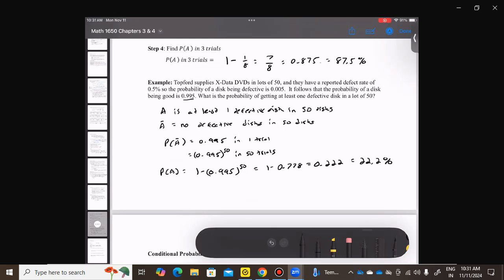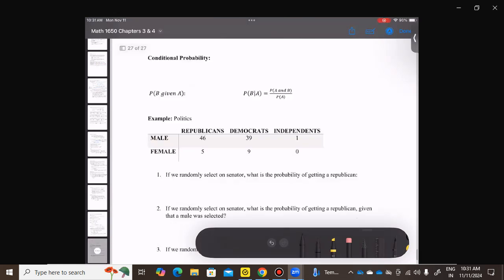Conditional probability. This is the probability of an event after additional information is obtained that some other event has occurred.